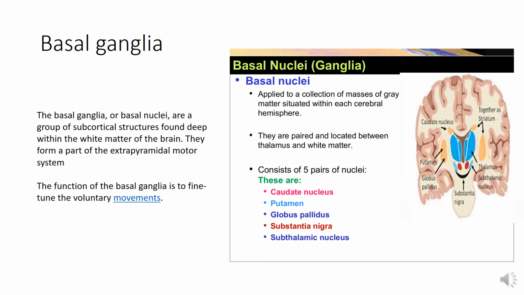So the nuclei of the basal ganglia are 5 in number, namely the caudate nucleus, putamen, globus pallidus, substantia nigra, and subthalamic nuclei. So these nuclei fine tune the voluntary and learned movements.